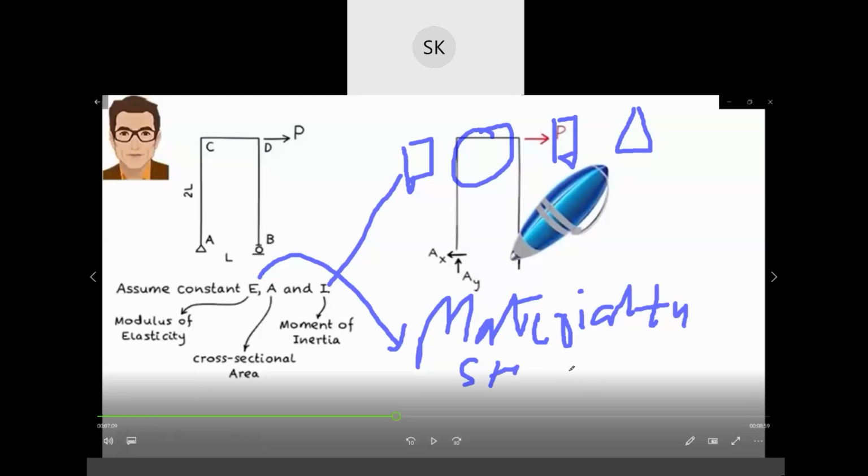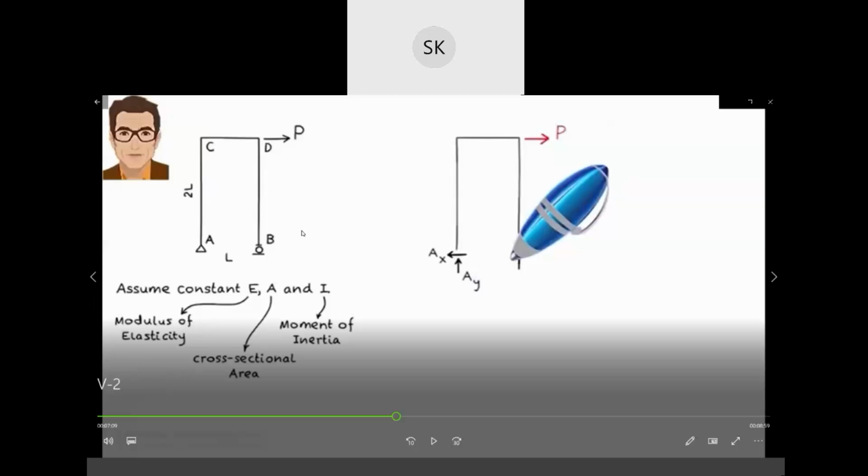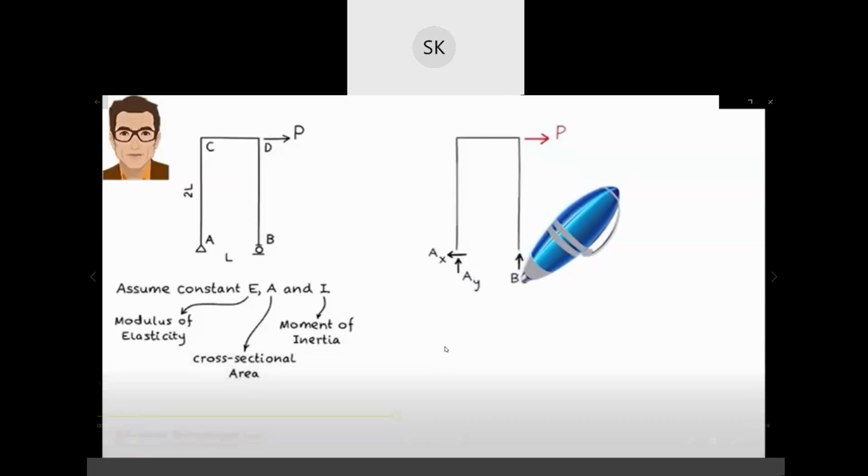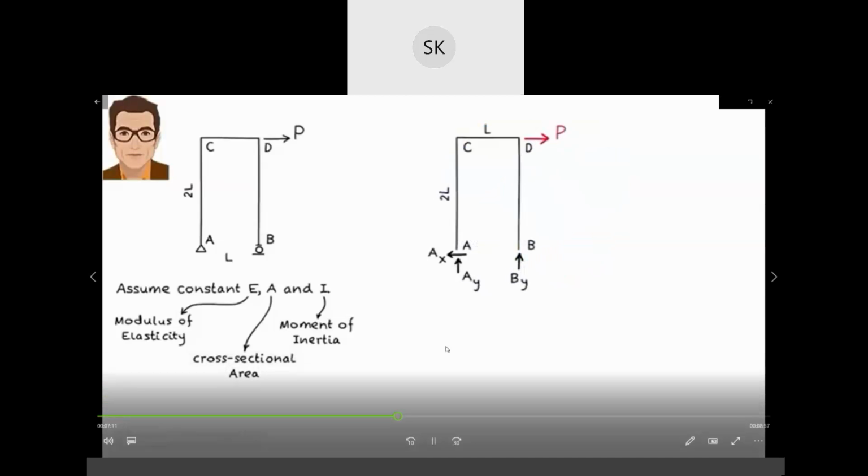For steel it will be different, for concrete it will be different, for rubber it will be different. So this E and I is a very important parameter of a material or a structure, or a member of a structure.